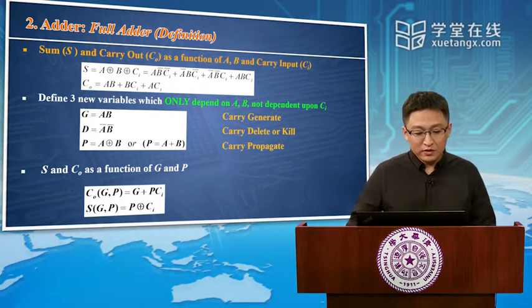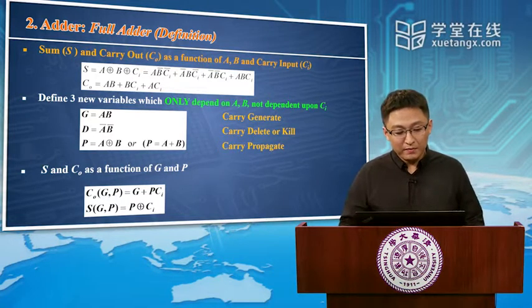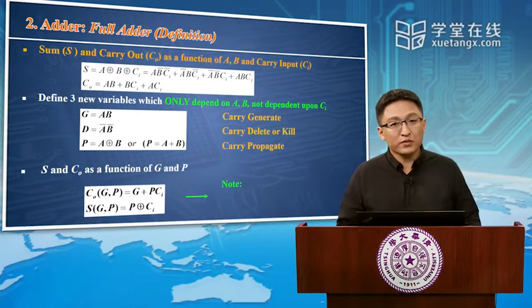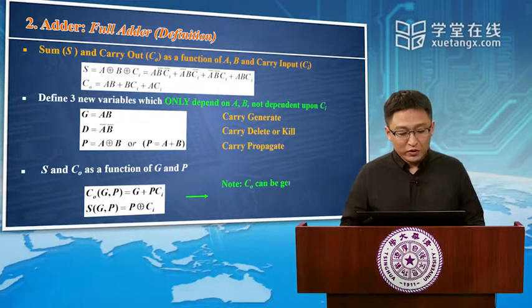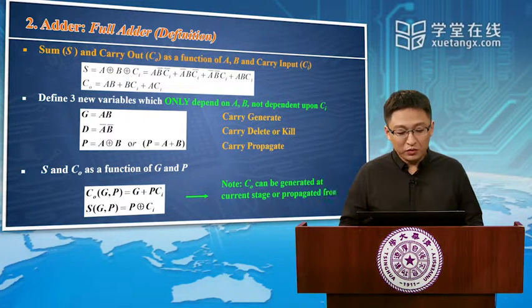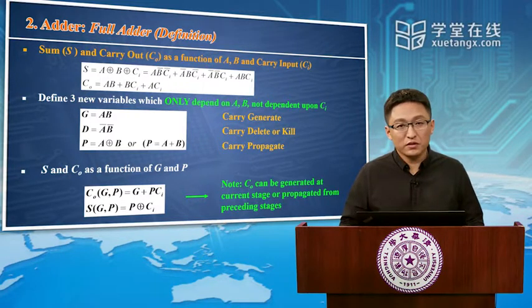So S equals P exclusive OR Ci. And regarding the expression of CO, which is equal to G plus PCi, we can find out the carry output could be generated at current stage or could be propagated from preceding stages to current stage, right?